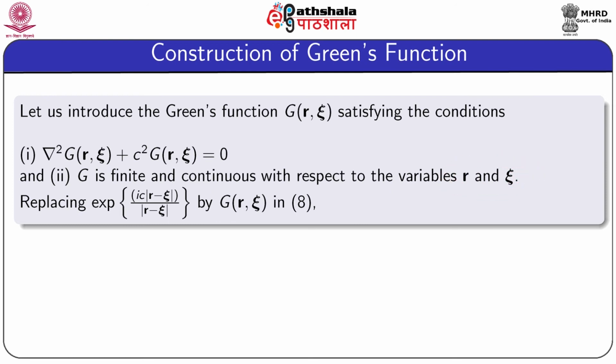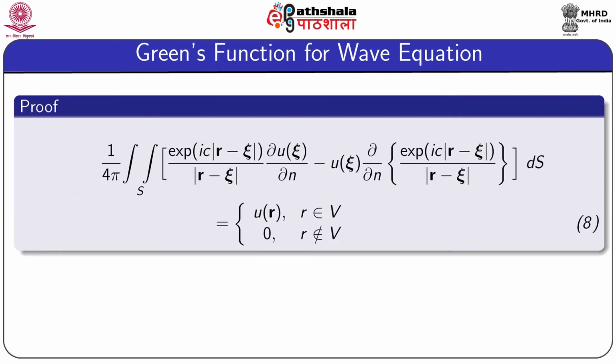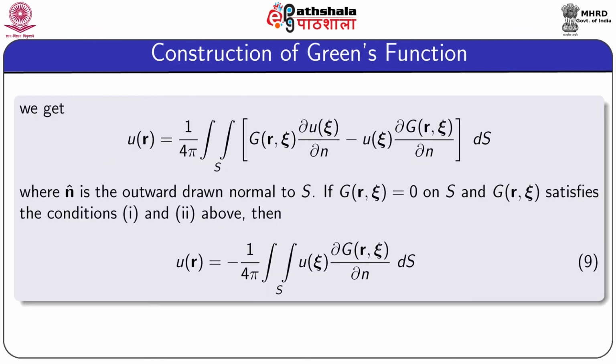So, we can replace the exponential term by g in equation 8. If you observe equation 8, we are replacing this term by g. So, the expression becomes u at r equals 1 by 4 pi surface integral of g del u del n minus u del g del n ds.